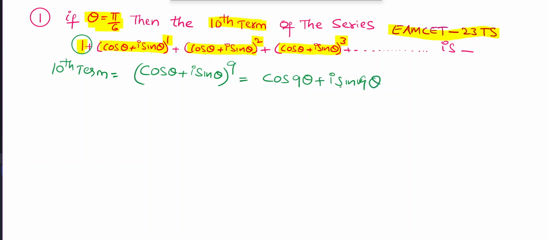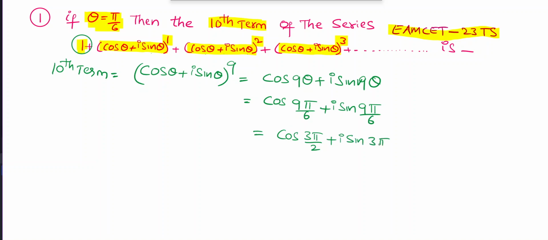The theta is given, that is pi by 6. Substituting in this, that is cos 9 into theta, this is cos 9 pi by 6 plus i sin 9 pi by 6. That is equal to cos 3 pi by 2 plus i sin 3 pi by 2.